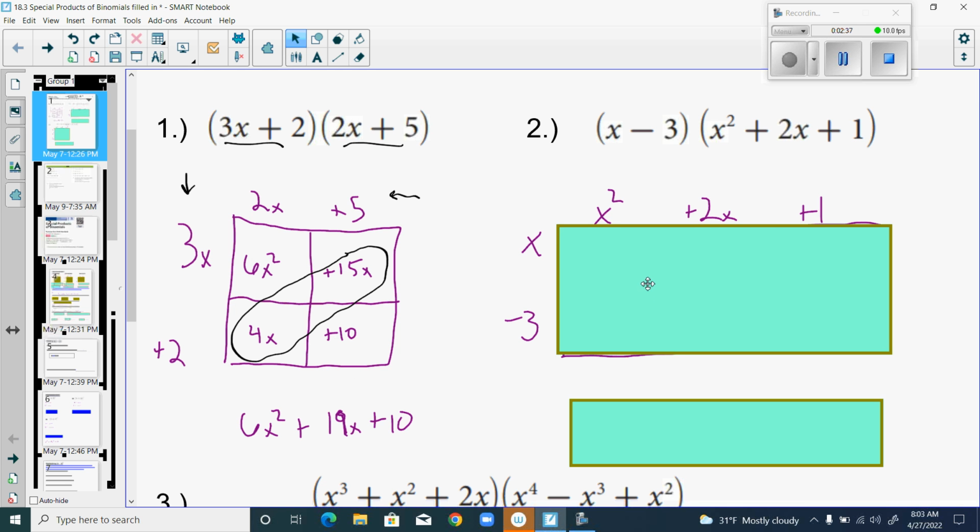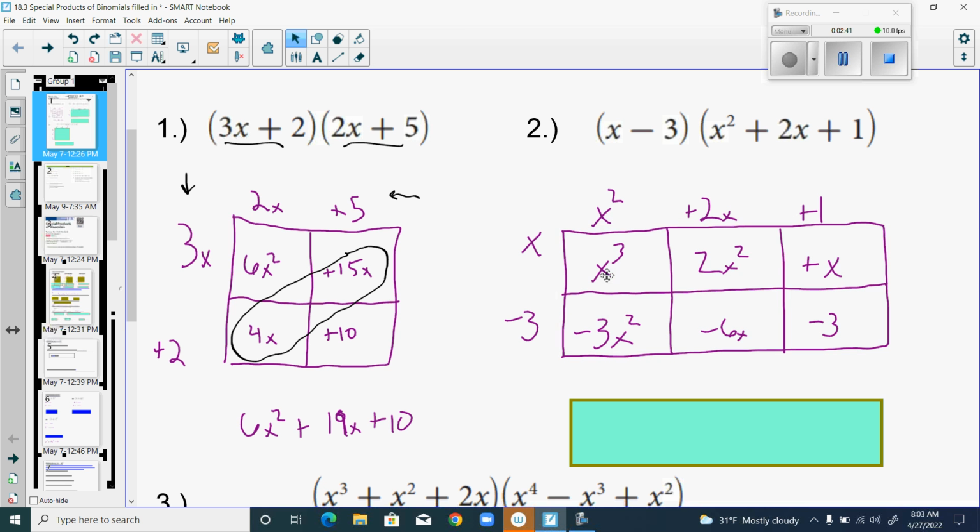Number two, multiplying those together, this is what my box looks like. x times x squared gives me x to the third, x times 2x gives me 2x squared, and x times 1 gives me 1x. Negative 3 times x squared gives me negative 3x squared, negative 3 times 2x gives me negative 6x, and negative 3 times 1 gives me negative 3.